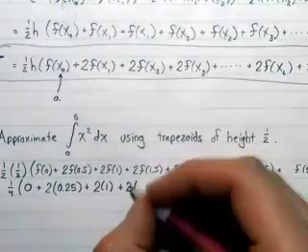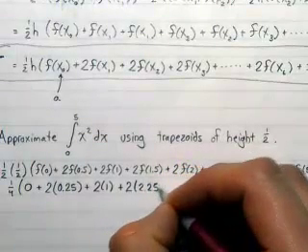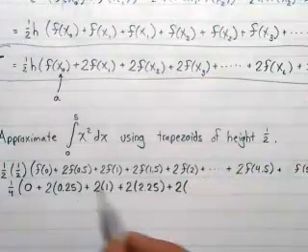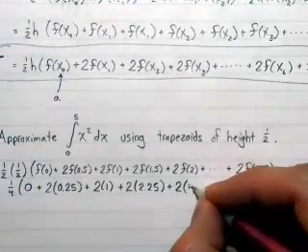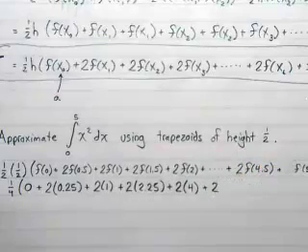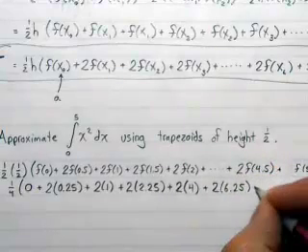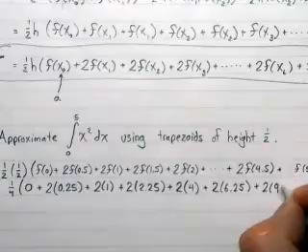Yeah. So 2 would be a 4. 2.5 squared is 6.25. 3 would give you 9.